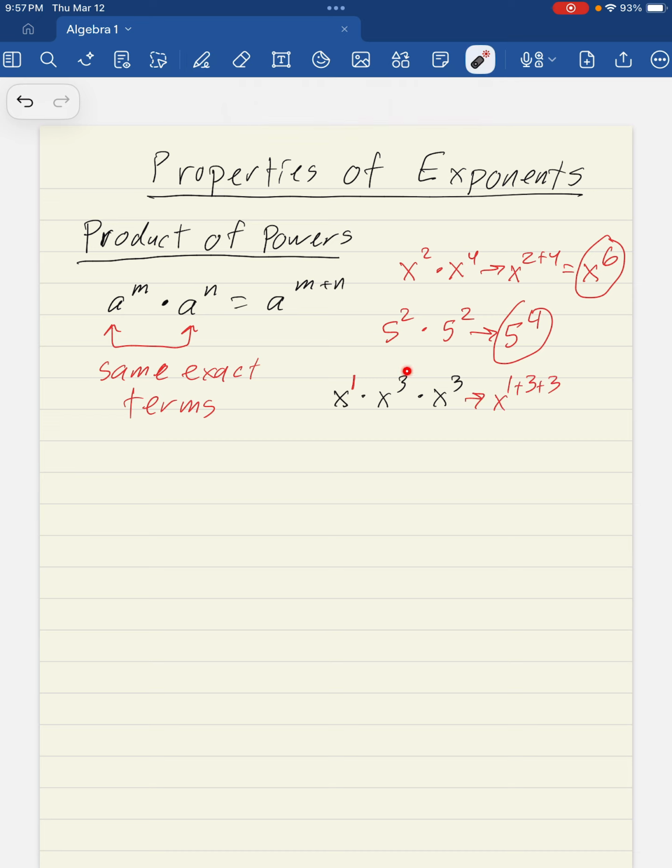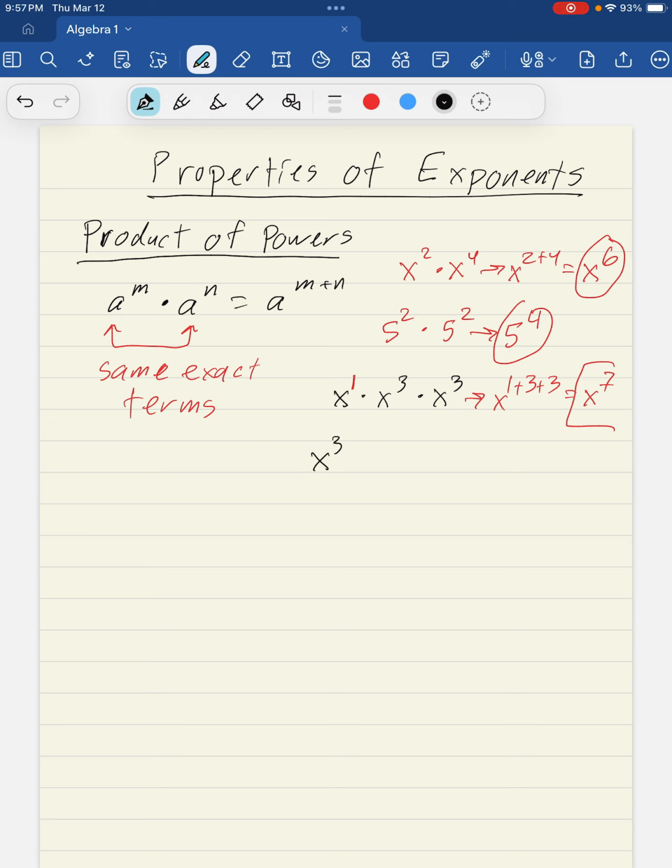We add all the exponents on the same exact terms, and that gets us our final result, x to the 7th. Boom.